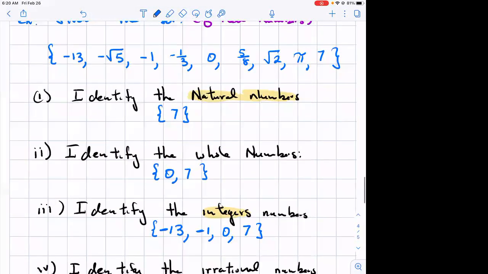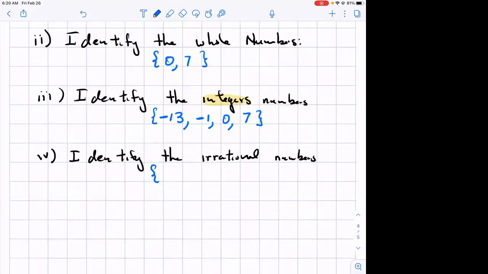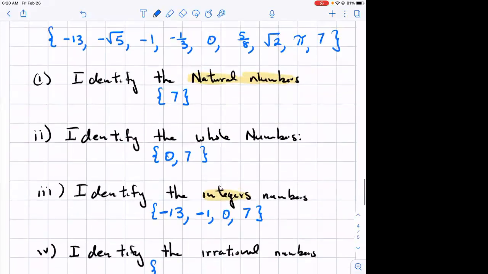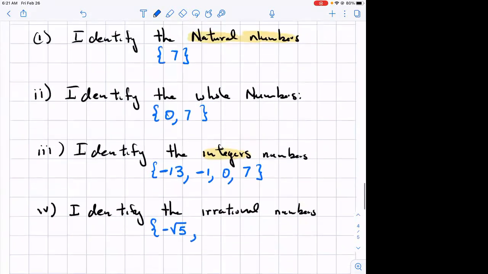We know pi is one out there. But how about the square root of 5? Irrational numbers could be negative or positive. The square root of 5 never ends. So negative square root of 5 will also never end, just that it's negative.